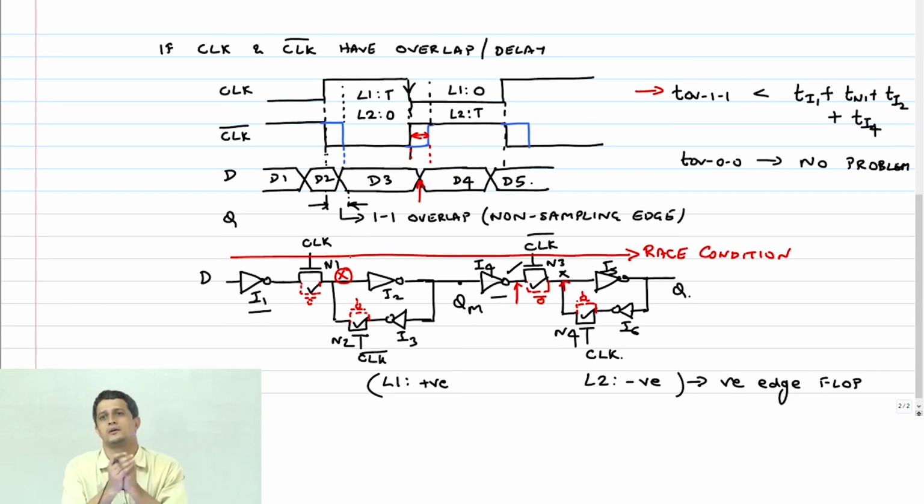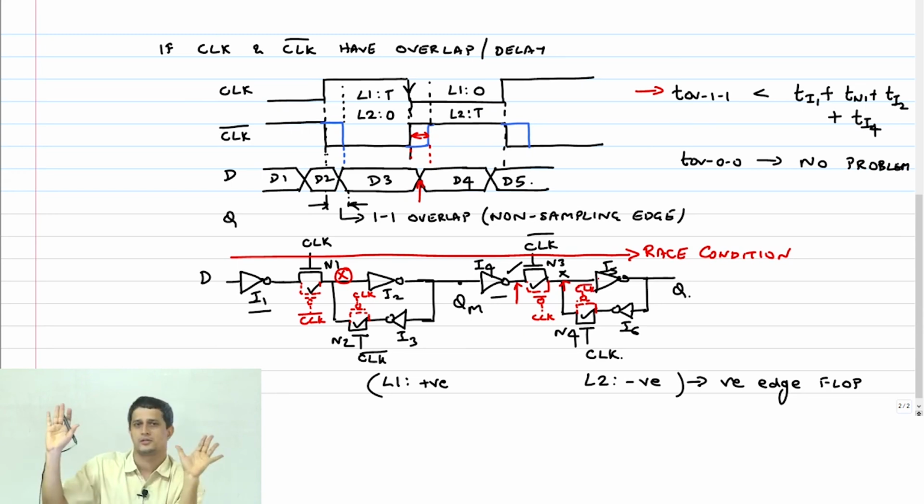So how do you handle it? If I put a PMOS, no, same thing. I am saying you connect this polarity to clock bar and this to clock, and this again to clock bar. No polarity change.